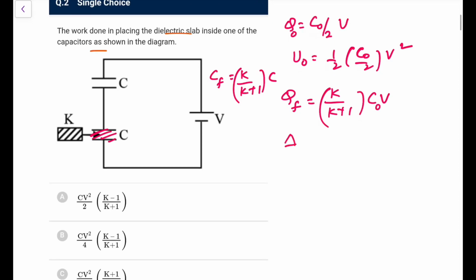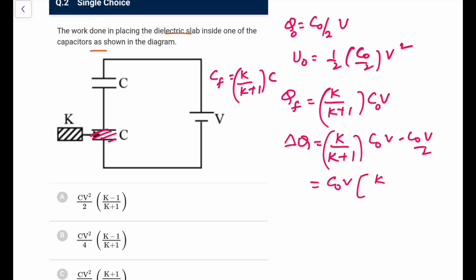So the extra charge that has passed through the battery would be K upon K plus 1 C0 V minus C0 V by 2. So we have C0 V times K upon K plus 1 minus 1 by 2.